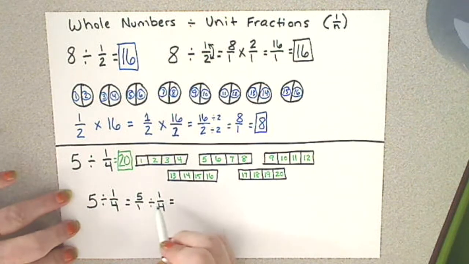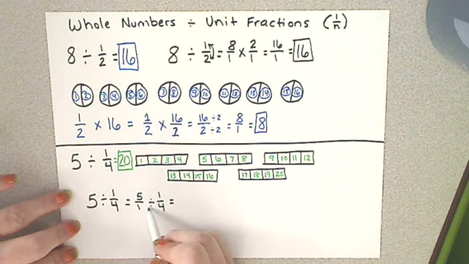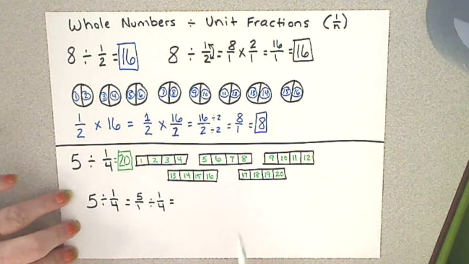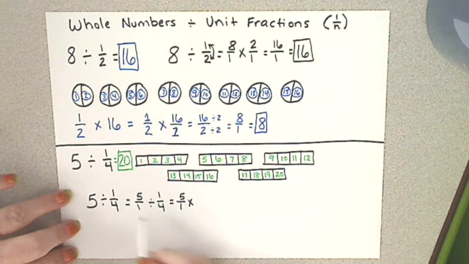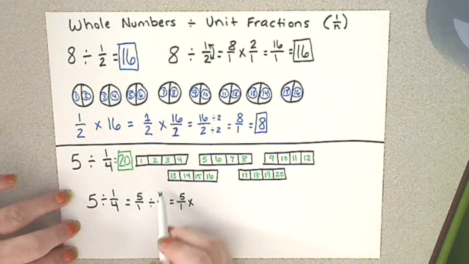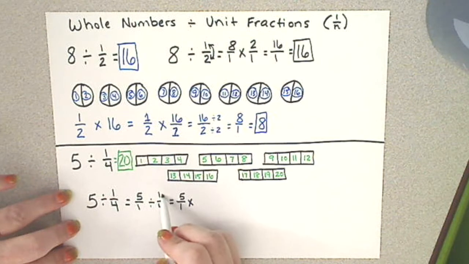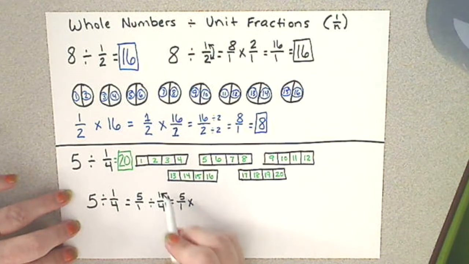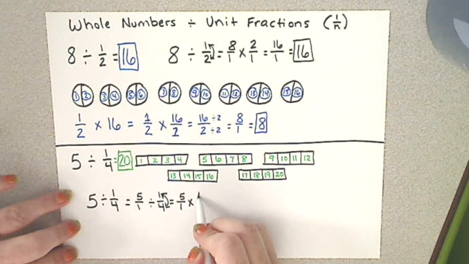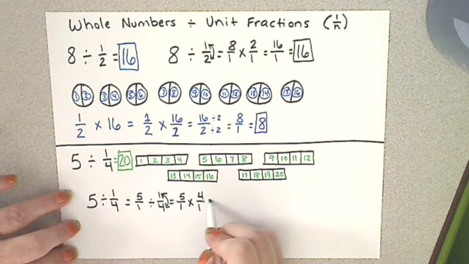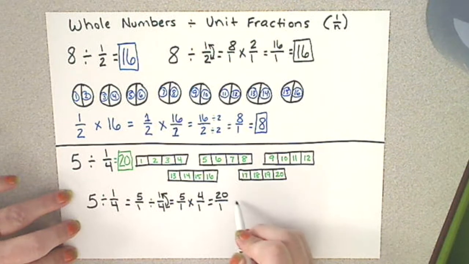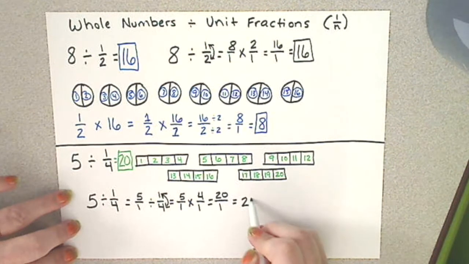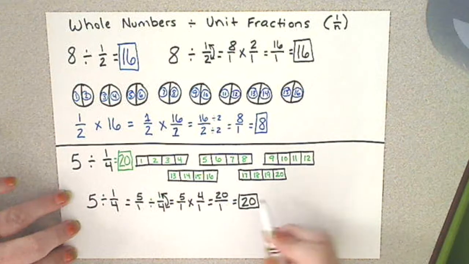And then remember, we have to flip-flop our division, and the opposite of division is multiplication, because to divide by a fraction, you have to multiply by the reciprocal of the second fraction. So 1/4 then becomes 4 over 1. 5 times 4 is 20. 1 times 1 is 1. 20 over 1 equals 20.